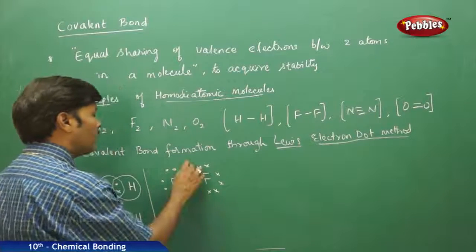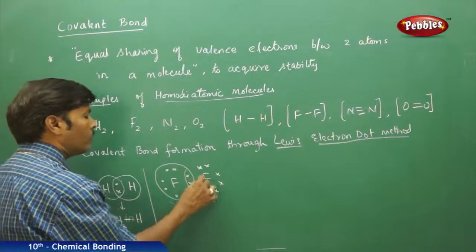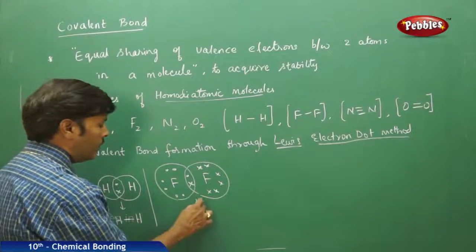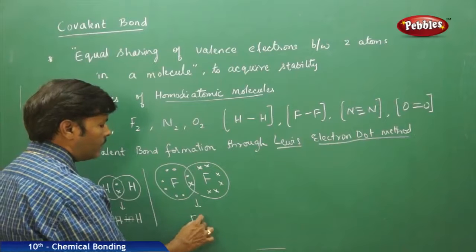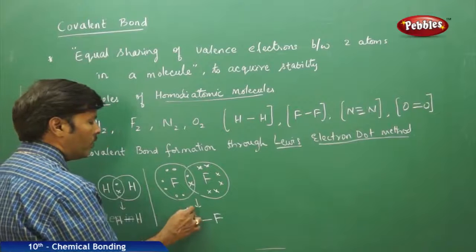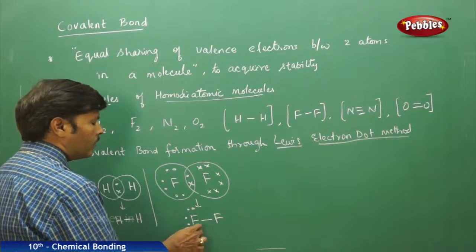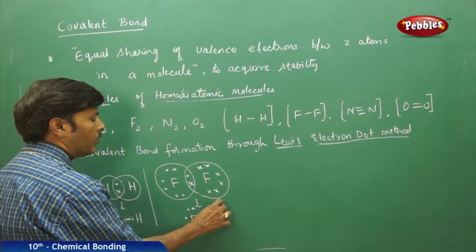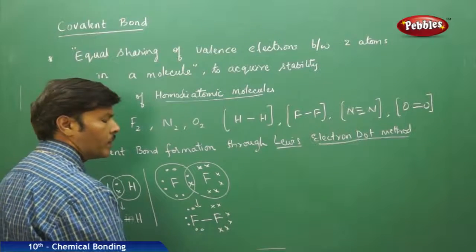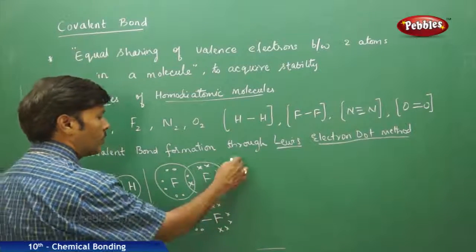So you can see that both the fluorine atoms will share equally 1 electron with each other. So you find that the fluorine molecule has one single covalent bond. Of course, each fluorine has non-bonding pairs of electrons, that is 3 non-bonding pairs for the first fluorine and 3 non-bonding pairs for the second fluorine. But a covalent bond is formed successfully between the two fluorine atoms.